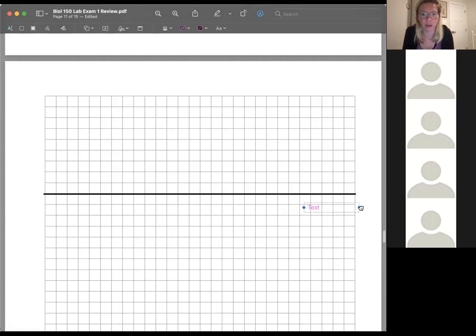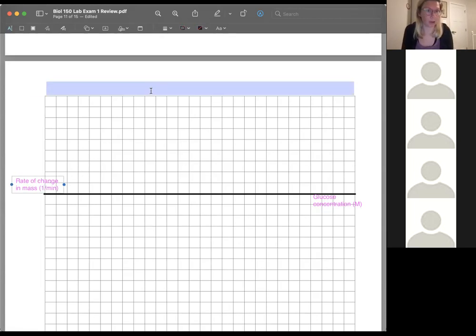So this would be glucose concentration in moles. Okay, and then rate of change in mass right there.